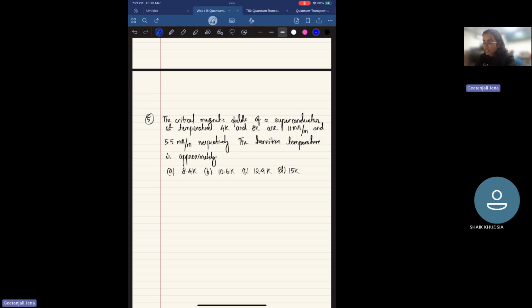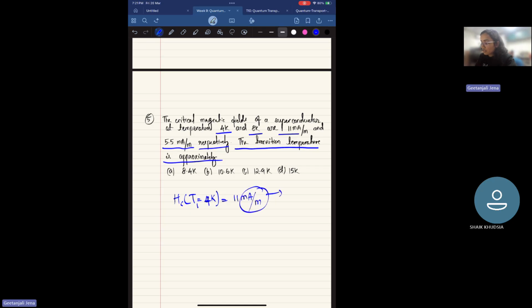Let's see question number 5. It's given the critical magnetic field for a superconductor at temperatures 4 Kelvin and 8 Kelvin. One is 11 milliamp per meter and the other is 5.5 milliamp per meter respectively. What is the transition temperature of this superconductor? So for temperature T1, which is 4 Kelvin, it's given 11 milliamp per meter.